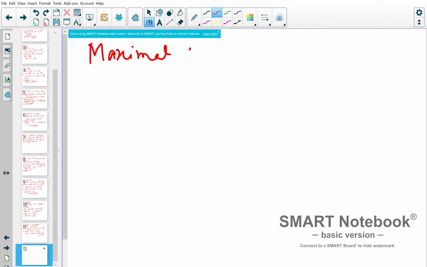Maximal ideals. You remember when we were discussing groups, we discussed something called maximal subgroups, right? This is a similar idea. So how to define it?